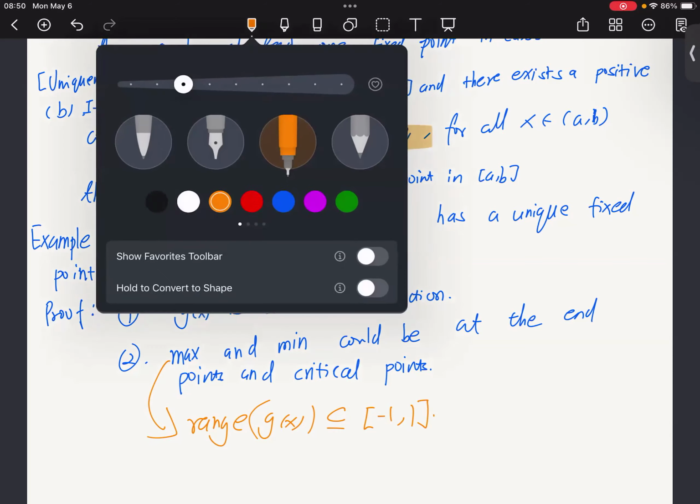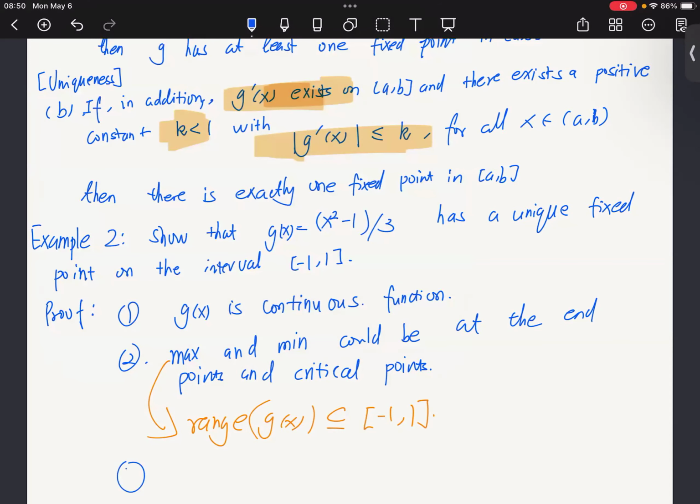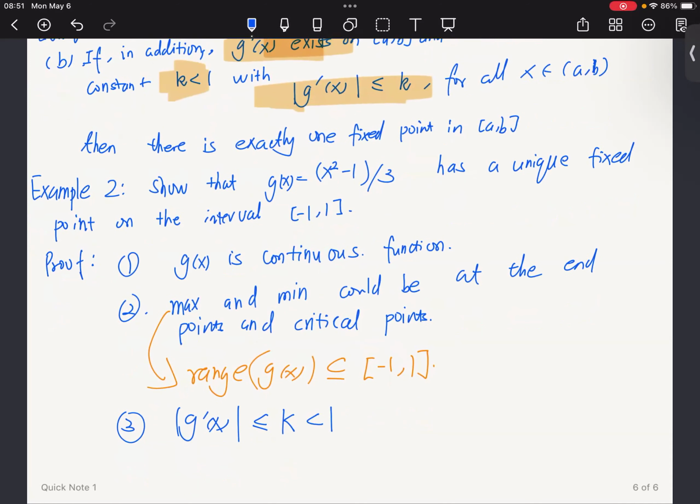For the third step, we need to calculate g prime x, the derivative. We require that there is a constant k, an upper bound, and it should be smaller than 1. This is what we want to do next time, the detailed calculation for the g(x) function.